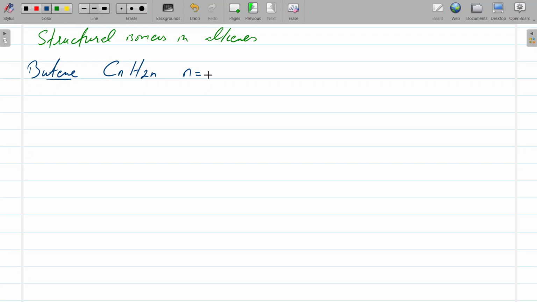How many carbons in a butene molecule? Not 2, 4. Yes, right? So you've got C4H8. Now, how can you draw this out? You can draw it out the simple way.